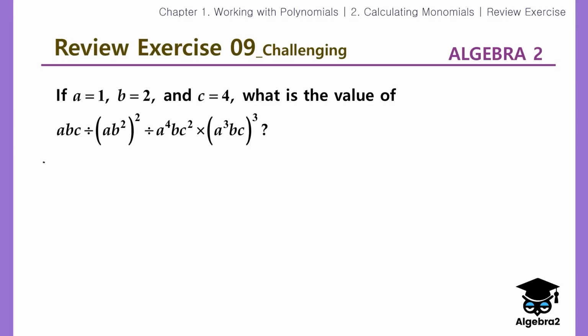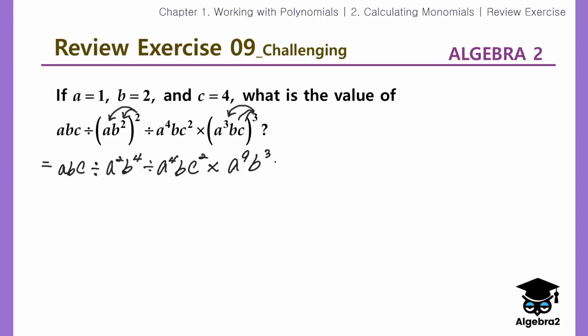So this expression is equal to, we have abc divided by a squared b to the 4, divided by a to the 4 bc squared, times a to the 3, times 3, that's a to the 9 b cubed c cubed, right?